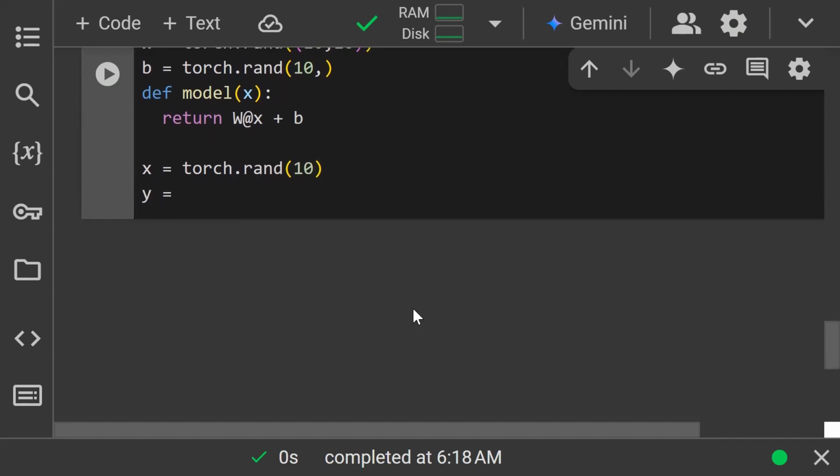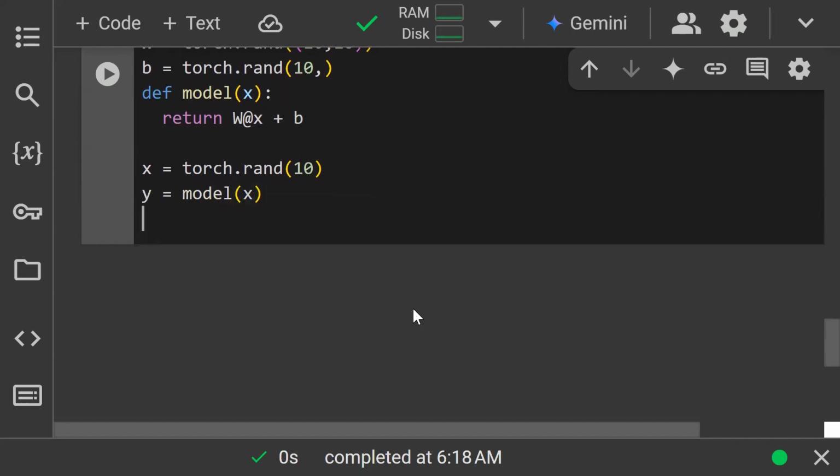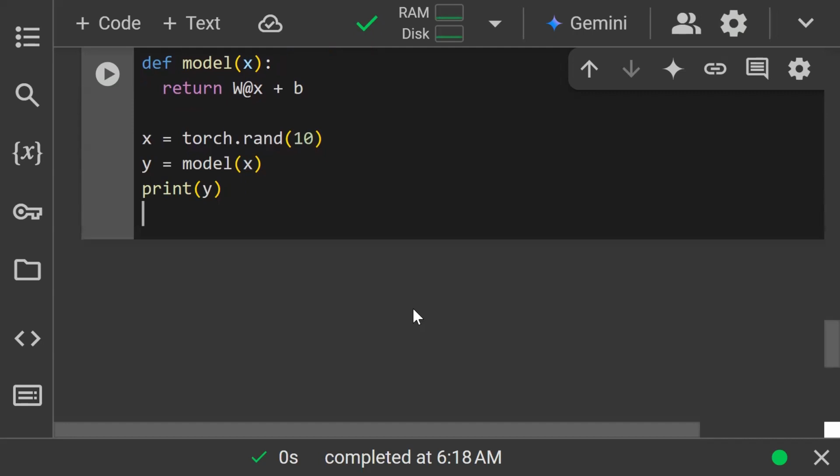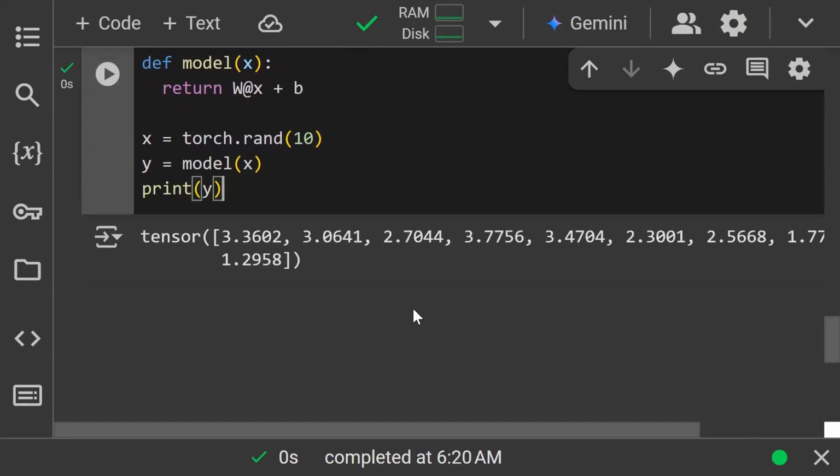So Y equals my model of X. Print Y. Okay, this works fine.